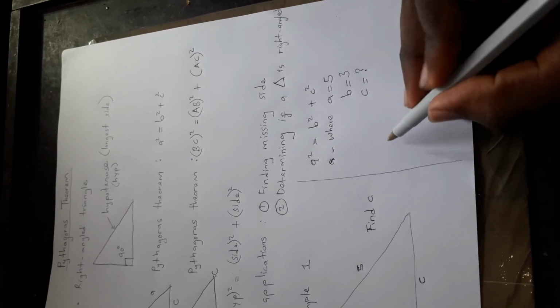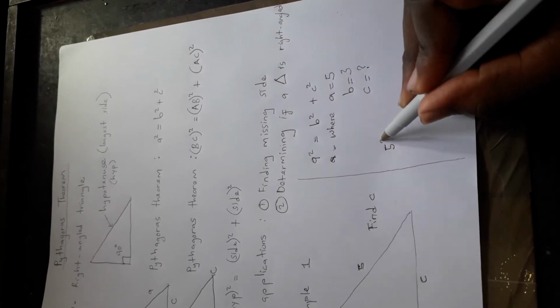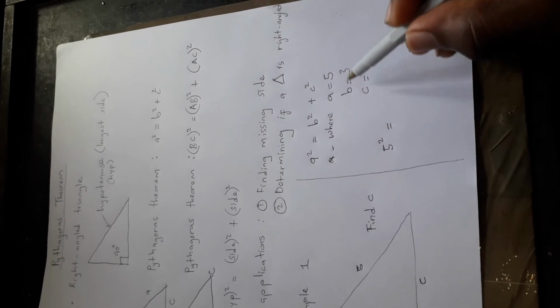Now, having correctly determined what A is, B is, and C is, then we have to substitute A, B, and C into our Pythagoras equation, if you may. So what is A? A is 5. So we are saying 5 squared is equal to, what is B?